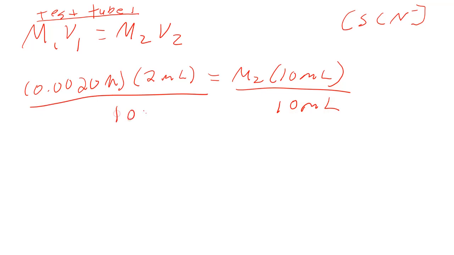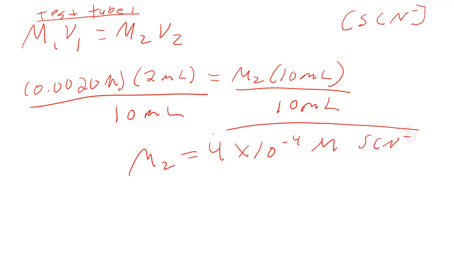So if you divide both sides by 10 milliliters, we're going to take 0.0020 times 2, divide that by 10, and we get 4 times 10 to the negative 4th molar for test tube 1.